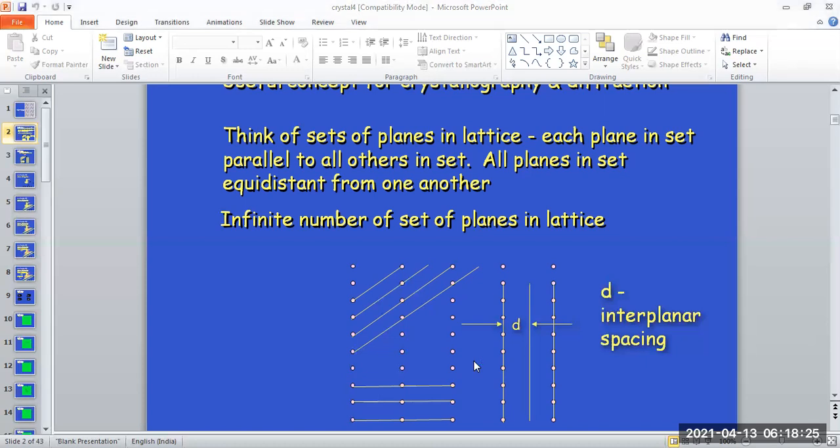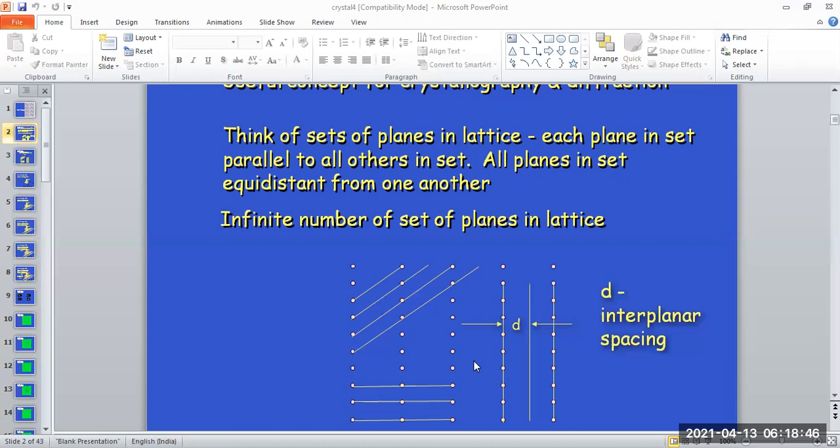What is the interplanar spacing, and how it can be known by means of a mathematical expression? Whatever we are imagining should be proved mathematically.